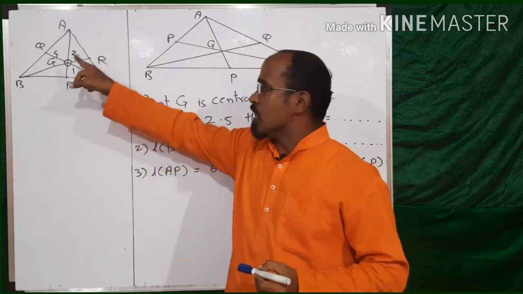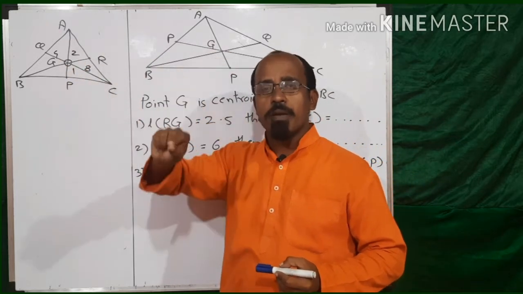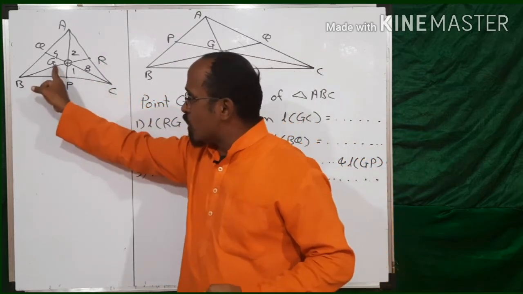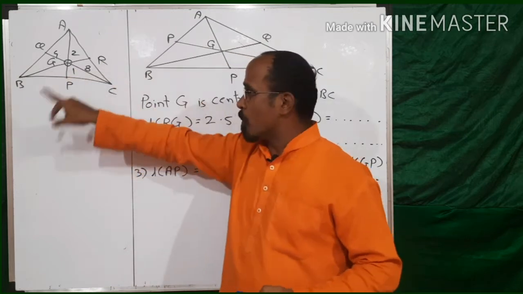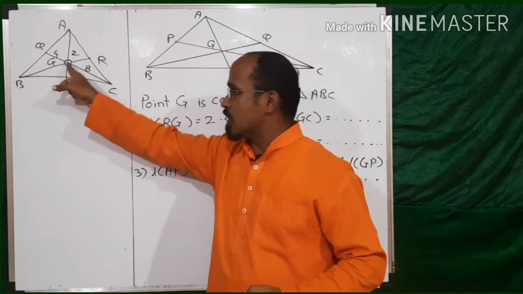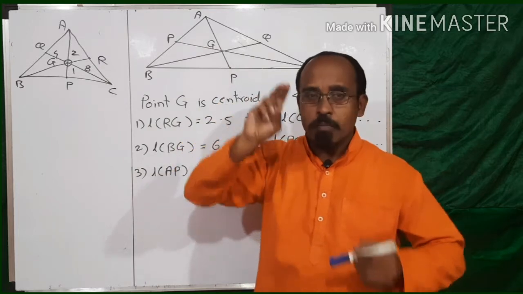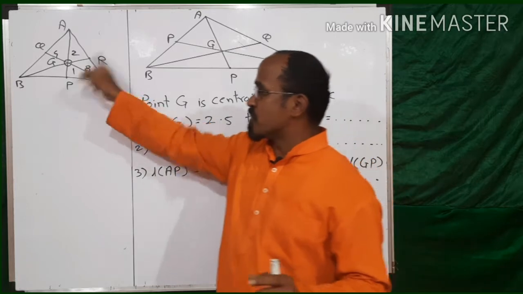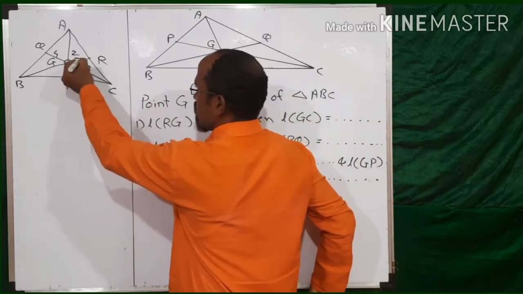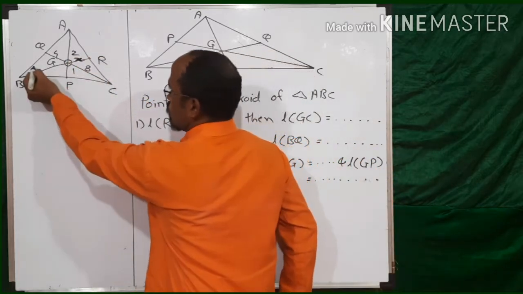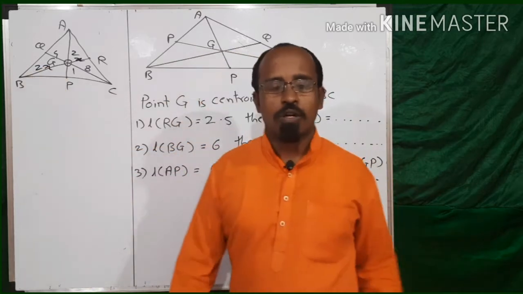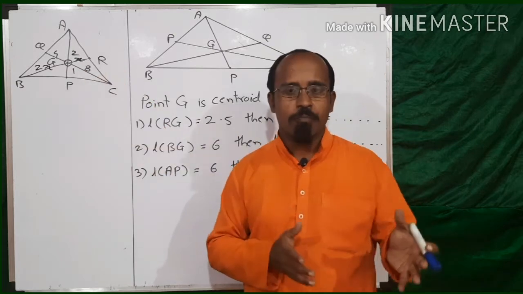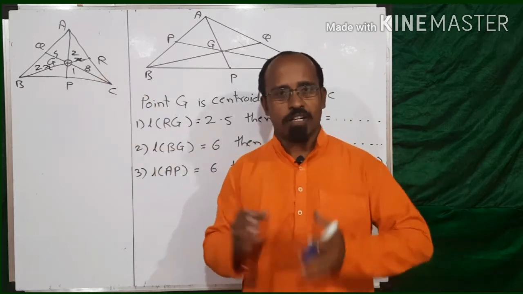So this is a rule. The rule is centroid divides every median in the ratio of 1:2. See, centroid G divides the median BR in two parts, GR and BG, in the ratio of 1:2. Means if GR is equal to X units, then BG will be twice of X, 2X units. Clear? How can we write this ratio? We learned in earlier standards how to write ratio and proportion.